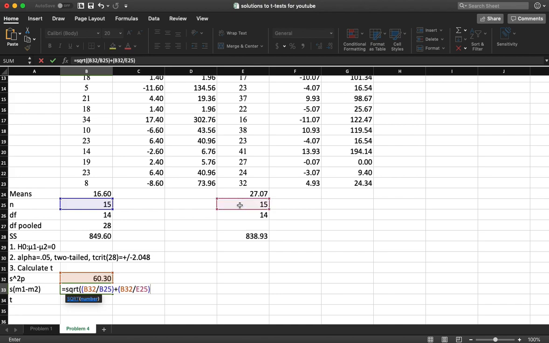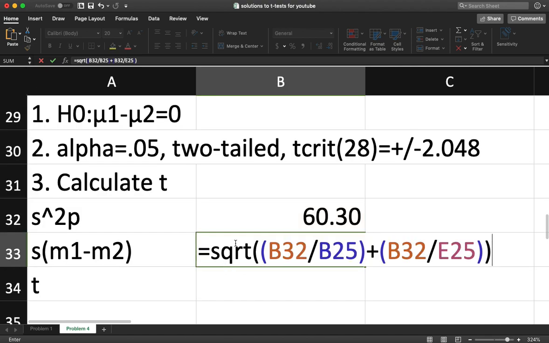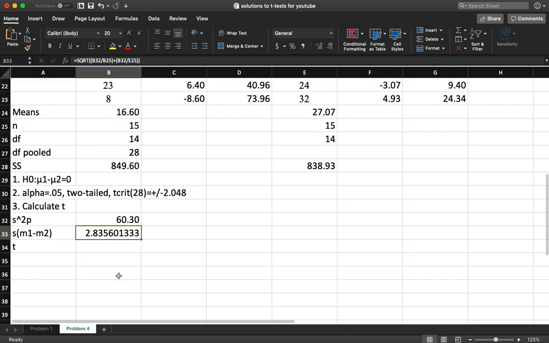Close that parentheses, and then we got to close the square root parentheses. And you notice how it sort of color codes these for you. The internal parentheses are blue, the external parentheses are black. You can zoom in and see those colors. See? Blue on the inside, black on the outside. And that is our estimated standard error, the difference between those two means.